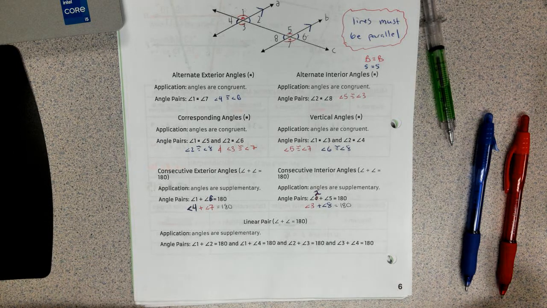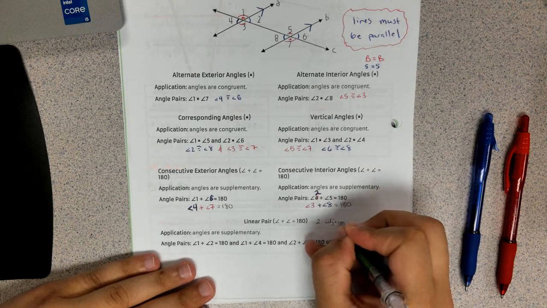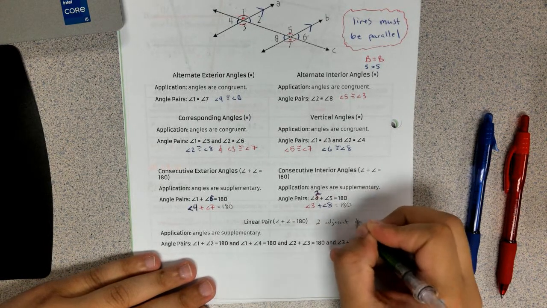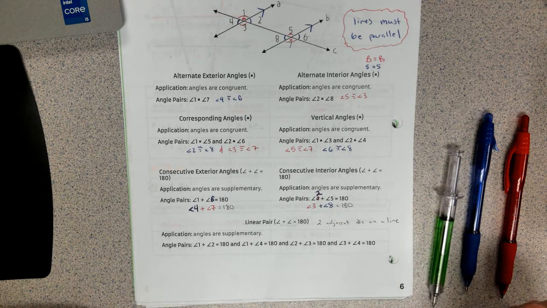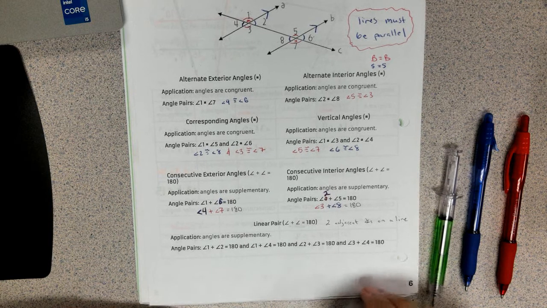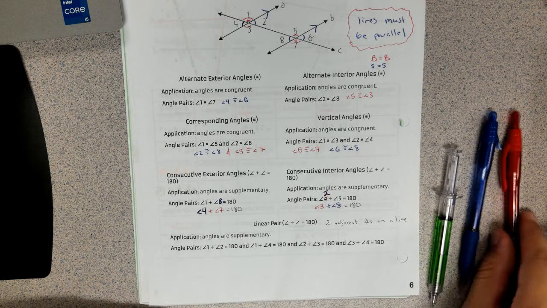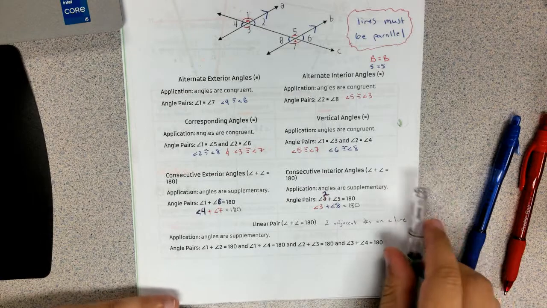Okay? The last one is the linear pair. Notice linear pairs we talked about last class is just two adjacent angles. So two adjacent angles on a line. And when I have two adjacent angles on a line, they equal 180. So the application is that angles are supplementary. So we see here we have angle 1 plus angle 2, and that equals 180.